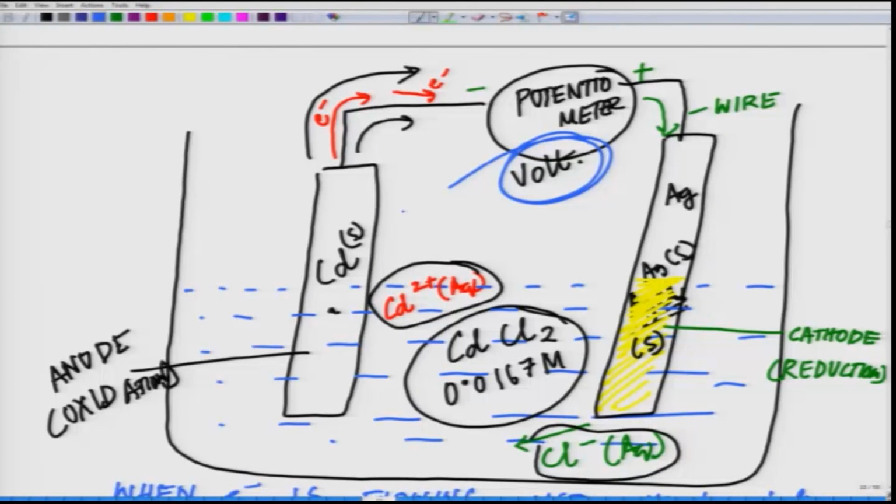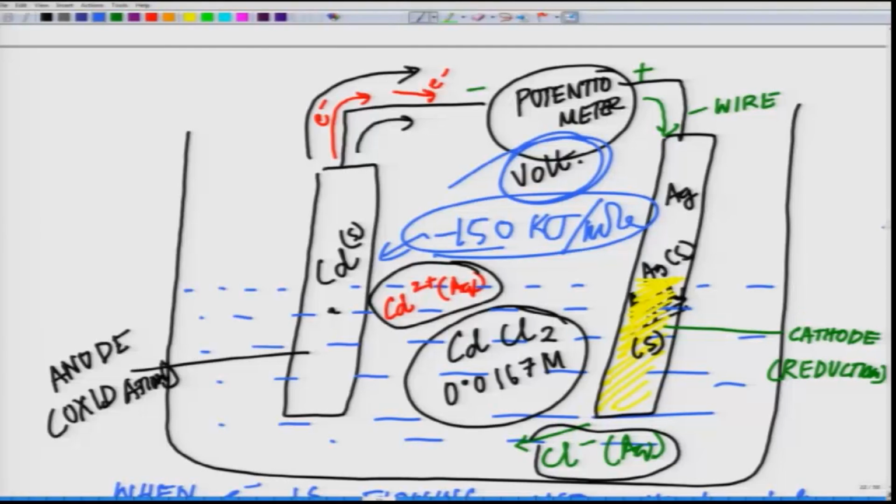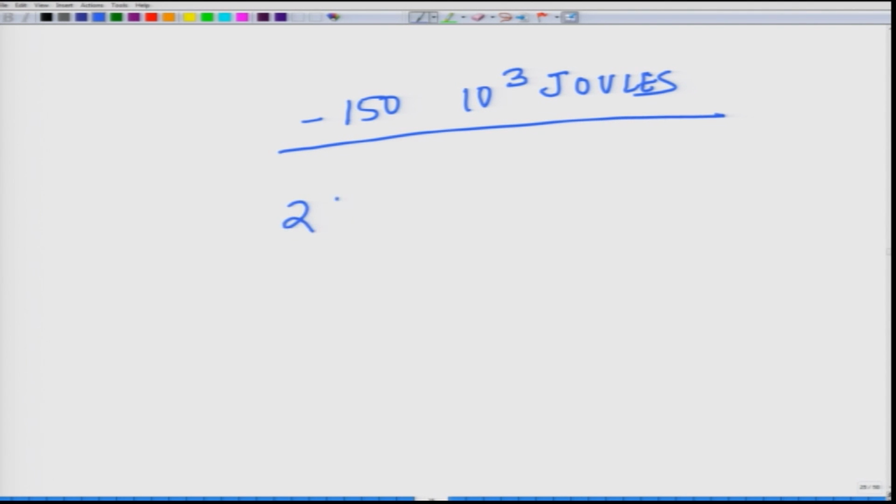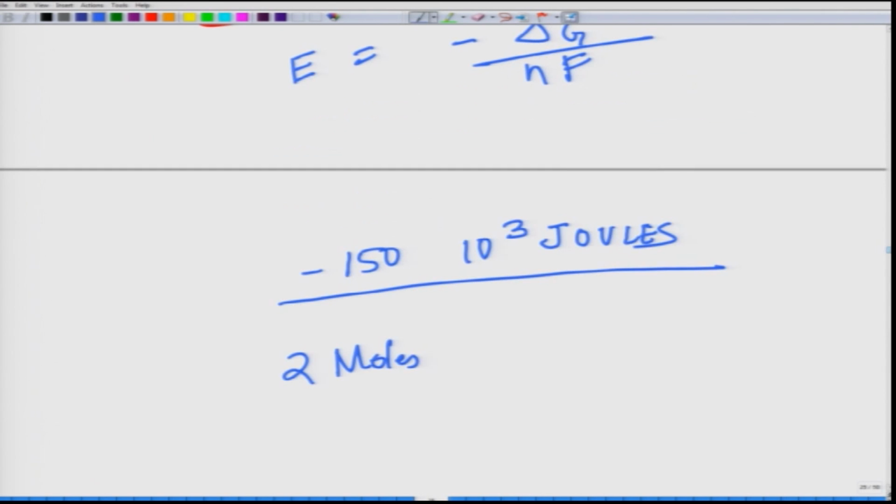So, you have other parameters. You know this reaction will happen at minus 150 kilojoule per mole of cadmium consumed. So, the value of E will be minus 150 into 10 to the power 3 joules, since that was in kilojoules, so I am converting that into joules, divided by 2 moles multiplied by F, Faraday's constant, which is 96,500 or 9.65 multiplied by 10 to the power 4 coulomb per mole.